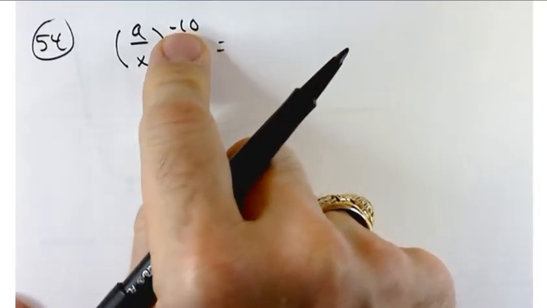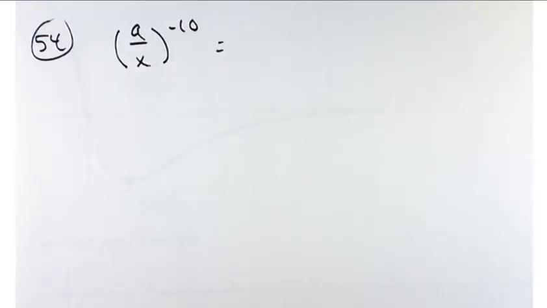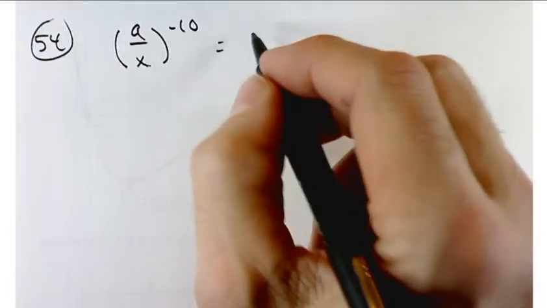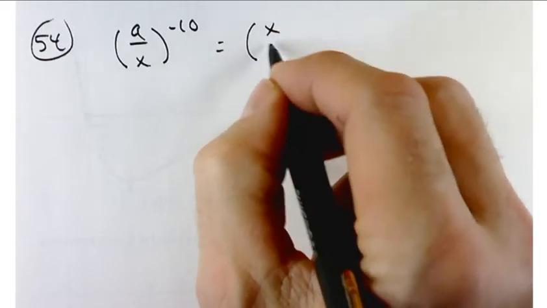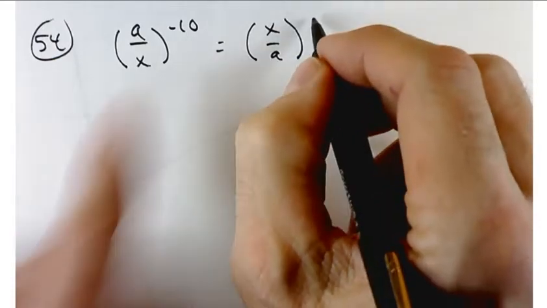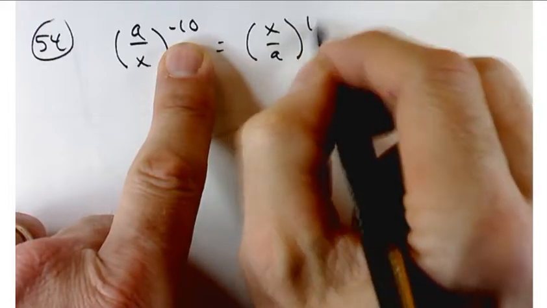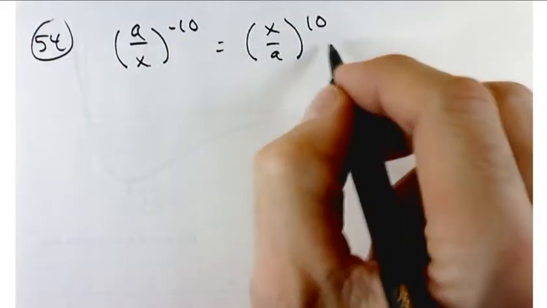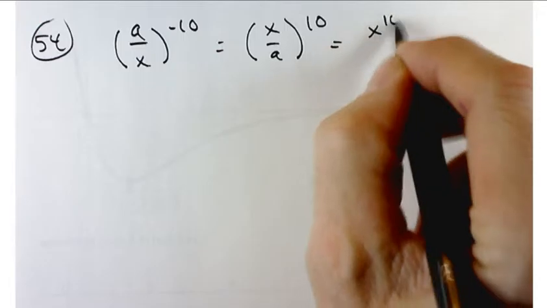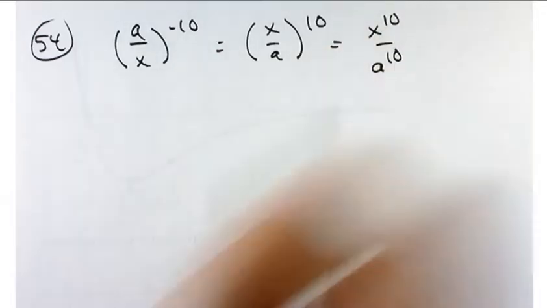If you've got a negative exponent on the outside like this, and a fraction on the inside, you can do two things. So it would be x over a, but this time, instead of negative 10, what am I going to have? Positive 10. So that gives me x to the 10th over a to the 10th.